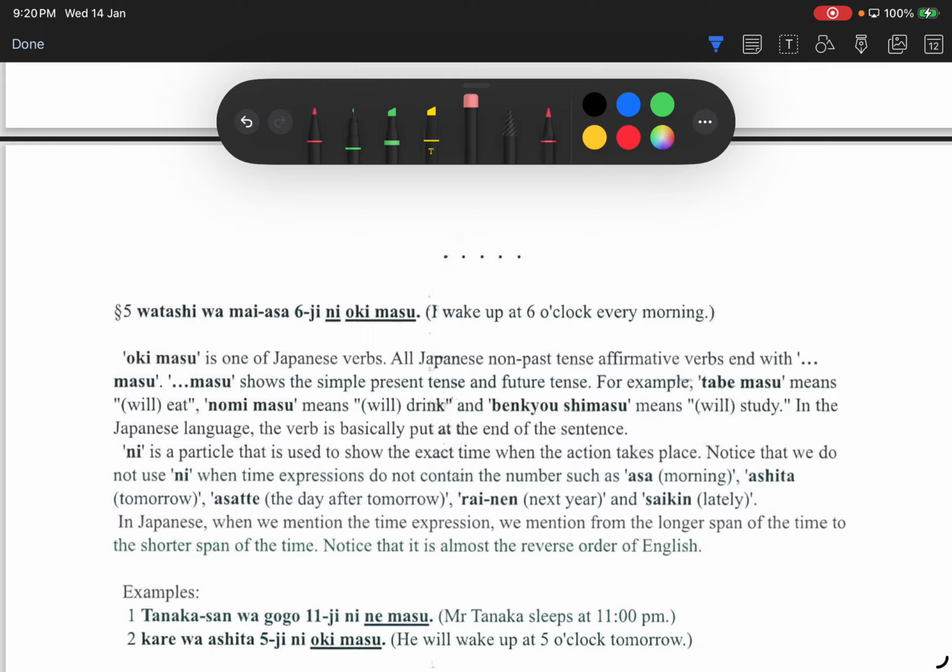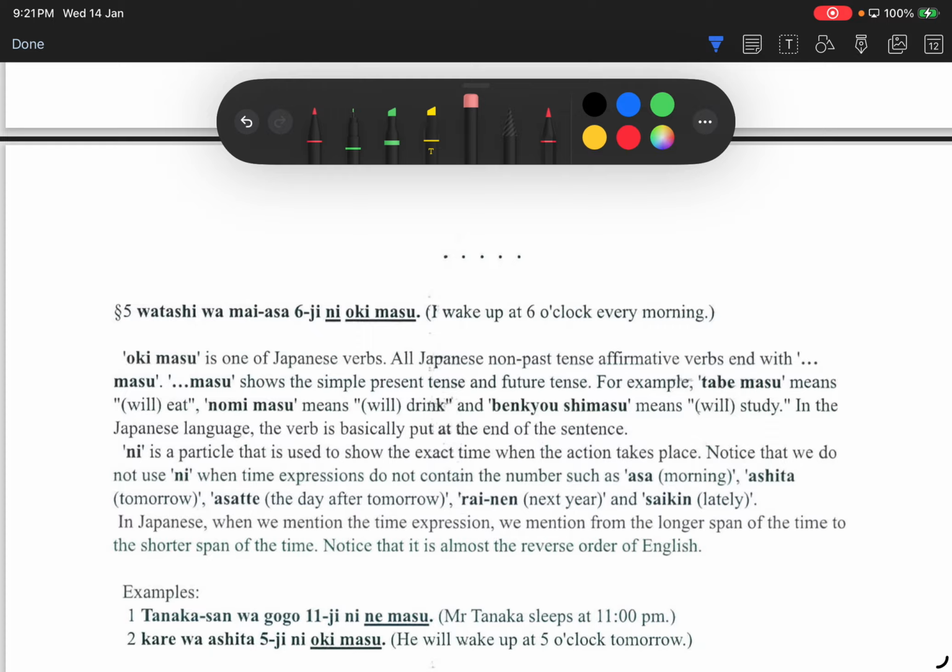The other type we call time expression without number. Without number is what I just told you: asa, hiru, ban, meaning morning, afternoon, night. Those have no number. Then those with number: 8時、9時、3時、2時、1時. These have number.